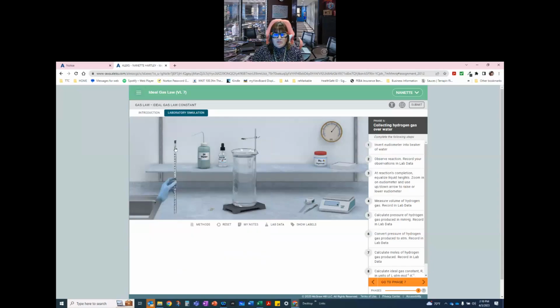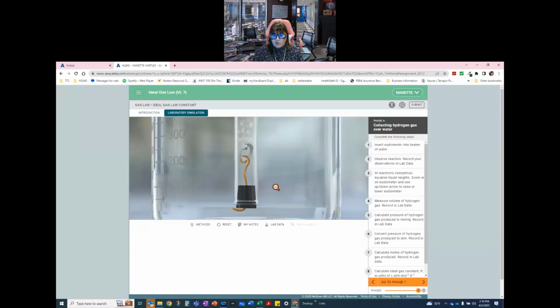So I currently have my stopper with the magnesium hanging off of it here, and I need to invert this. I've already put the HCl and the water in it, so I'm going to go ahead and invert this. And then I need to zoom in and make some observations.